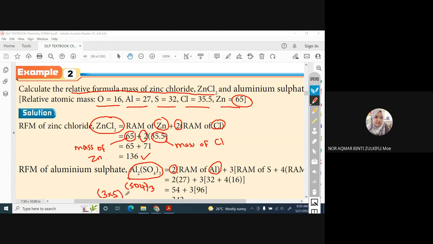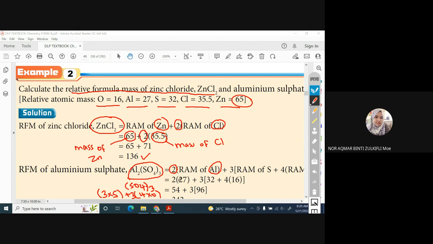Now O4, oxygen has 4, but with the bracket 3, so we have 3 times 4 oxygen. Every atom you must times 3, because it is in the bracket.